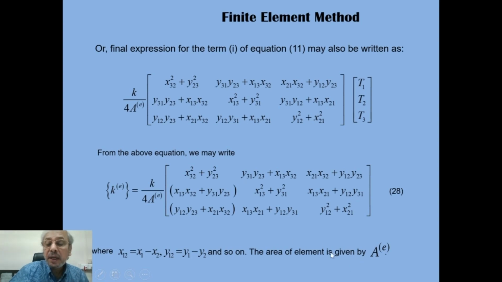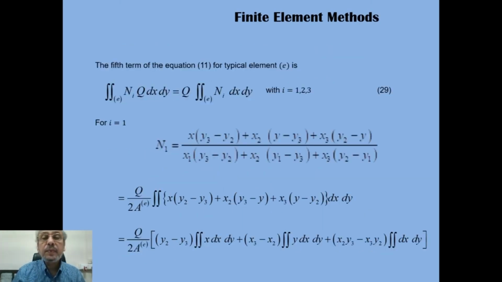And the area of the element is given by AE. So this is the KE matrix, 3 by 3, multiplied by the column vector T1, T2, T3, which is basically the final outcome of the integration of the first term of equation 11.